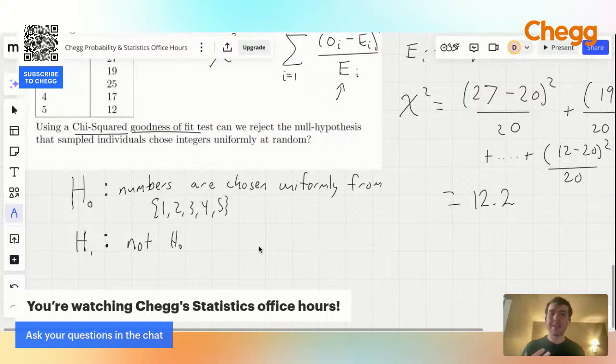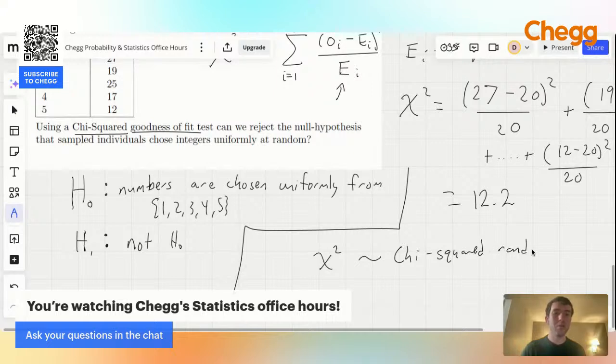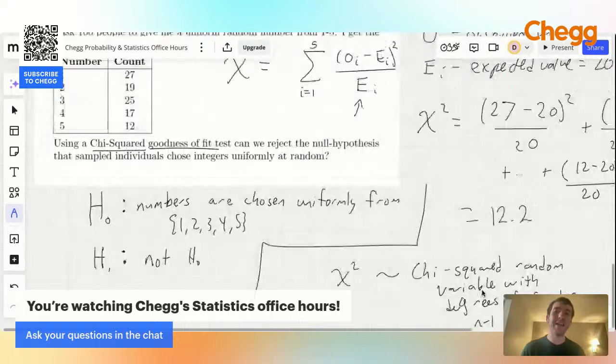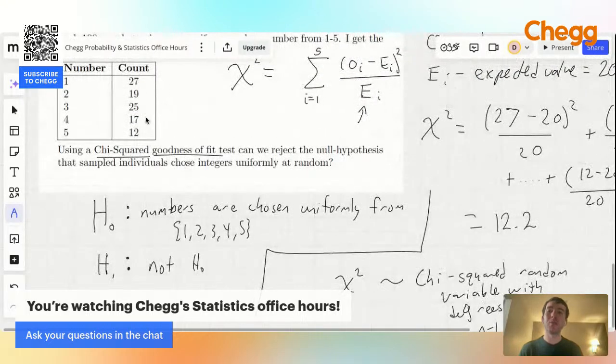Statistics theory tells us that this random variable is distributed, at least approximately, as a chi-squared random variable with degrees of freedom n minus 1. And here the n, I guess it's a little bit confusing, does not refer to the number of participants.